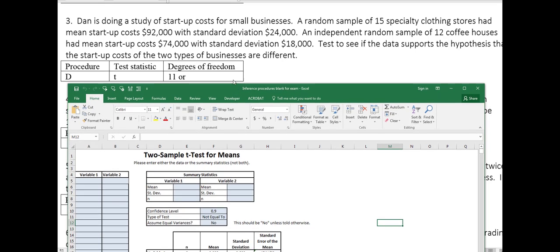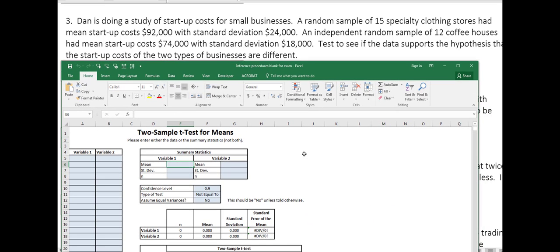Okay. So the first set has a mean of 92,000, standard deviation of 24,000, and an N of 15. And the other one has a mean of 74,000 with a standard deviation of 18 and an N of 12.